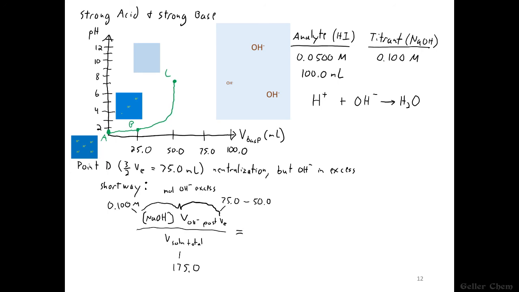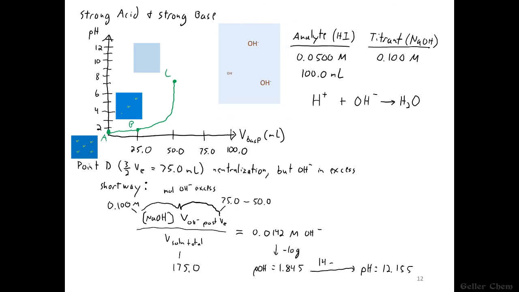If we plug in the numbers correctly, we will get 0.0142 molarity of hydroxide ions floating in solution, negative log that. We get pOH equals 1.845. And then we just subtract that from 14, and we get pH is equal to 12.155.